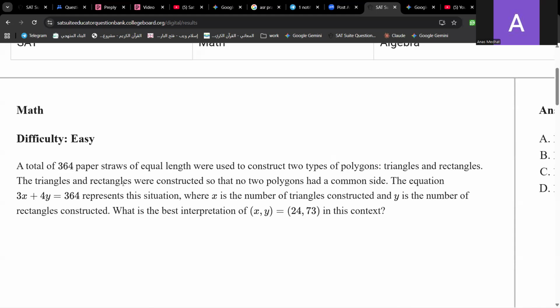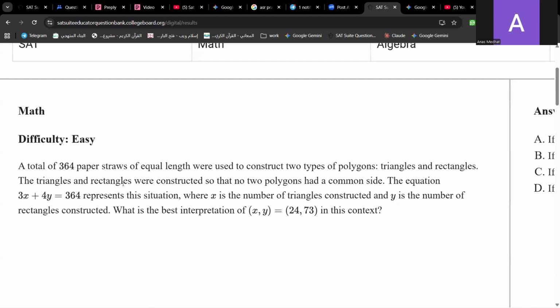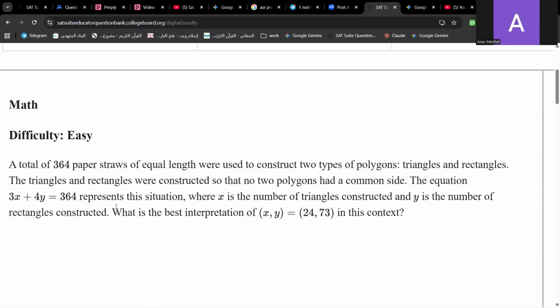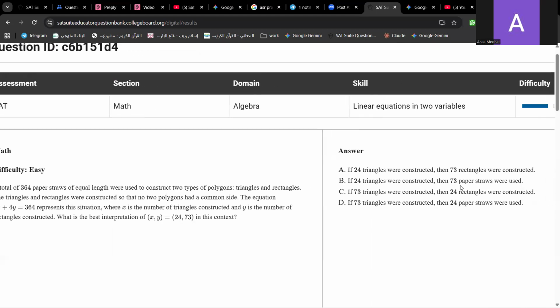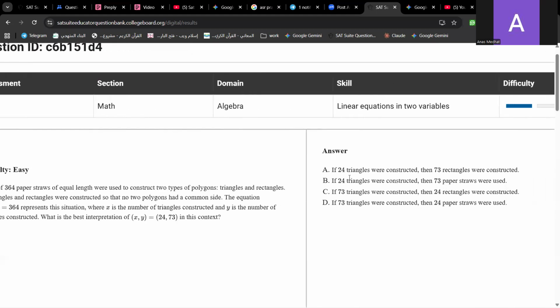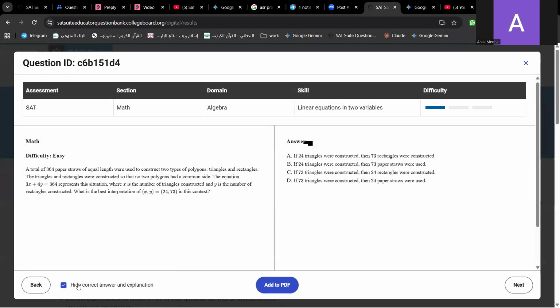What's the best interpretation of x, y in this context? x equals 24 and y equals 73. x is the number of triangles, so 24 triangles and 73 rectangles. 24 triangles were constructed, correct. And then 73 rectangles. Easy question, the answer is A.